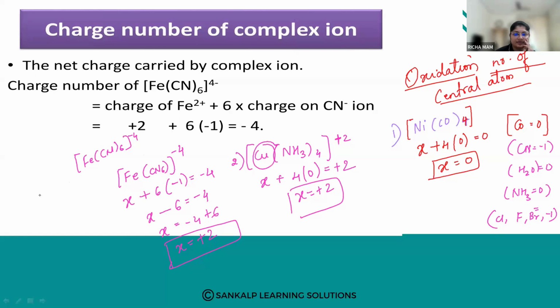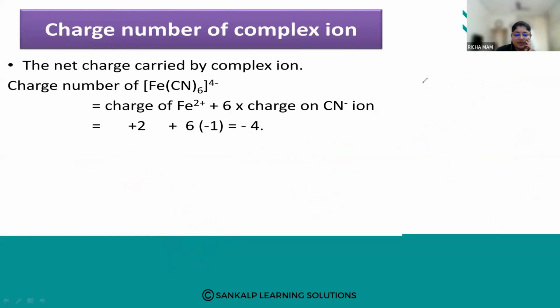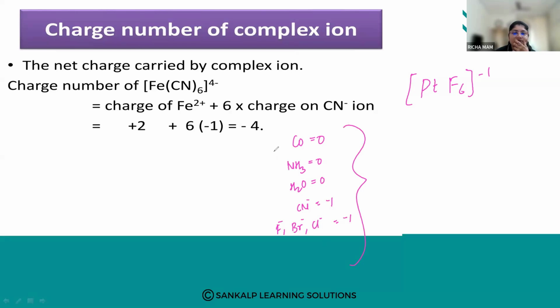Next, [PtF6] -1. Find out. I've told you just now: carbonyl has 0, amino has 0 charge, water has 0 charge, cyano has -1, and fluorine, chlorine, bromine all have -1. Use this and tell me what will be the charge.